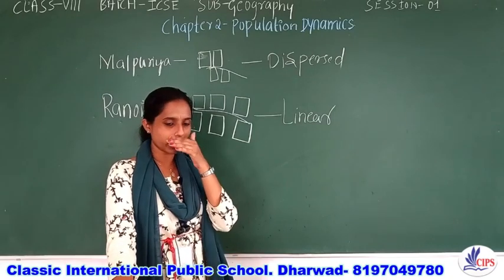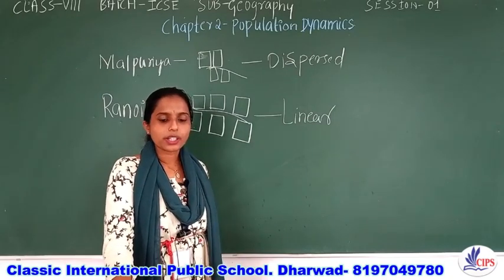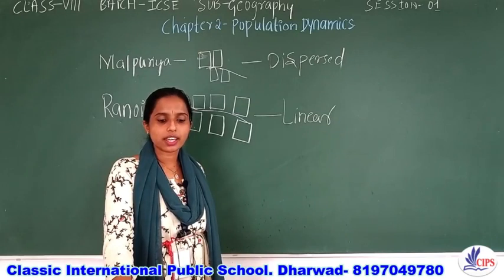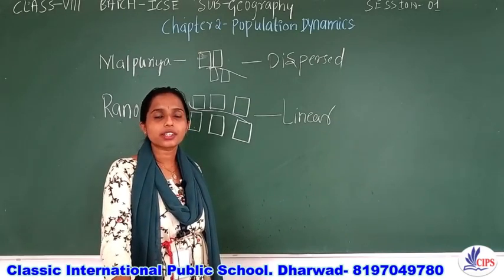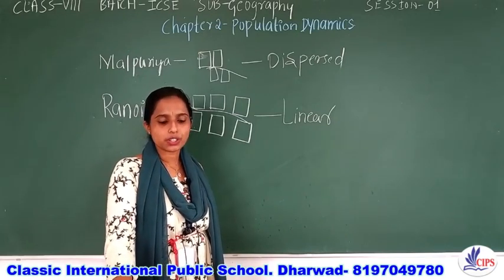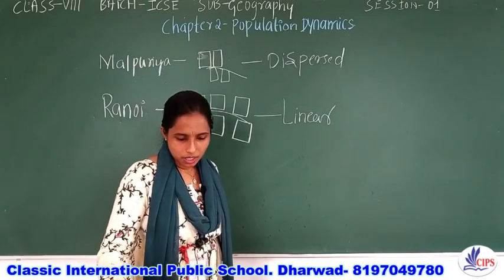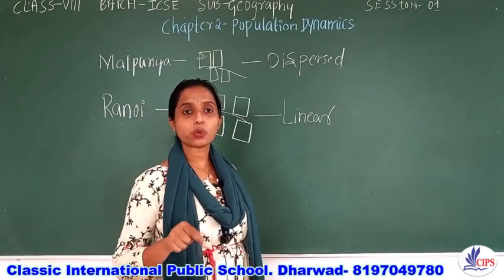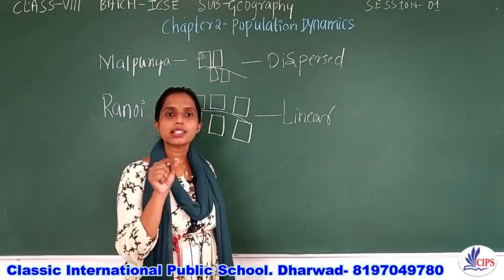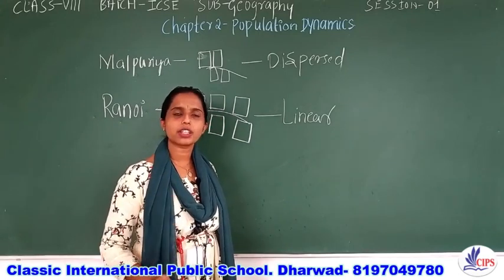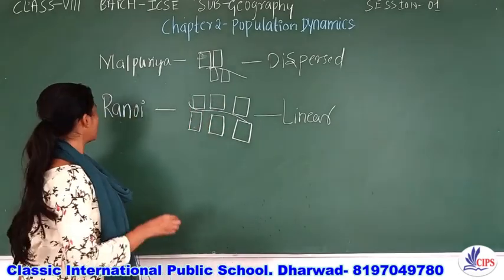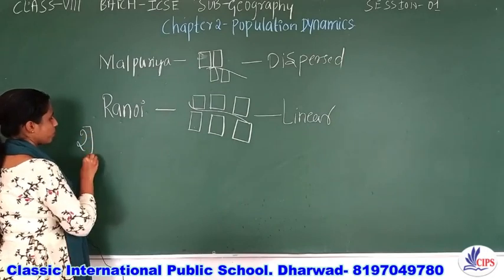Now come to the second question. What type of settlements is found in village Ratanpur? Come to the village Ratanpur. Detect where is village Ratanpur. See the kind of settlement given in village Ratanpur. Question 2.